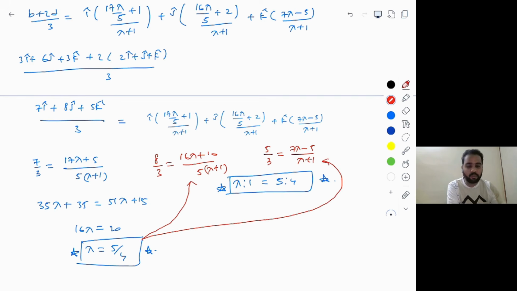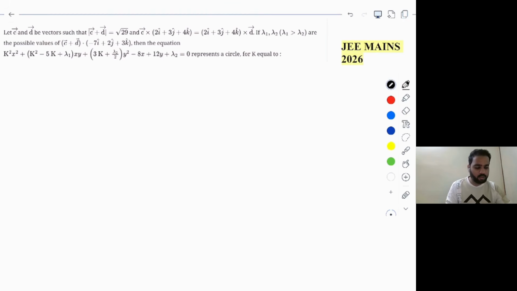Substitute in both these equations, and then definitely you have to verify whether this value of lambda is satisfying the two equations or not. Only then the system is going to be consistent, or only then we can say that the actual ratio is 5 is to 4 internally dividing. Otherwise, you cannot say that. Okay? Be very careful.